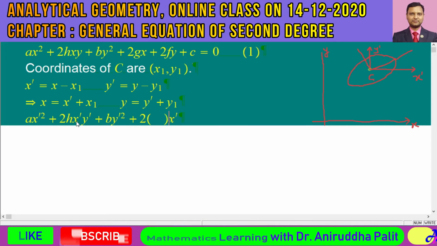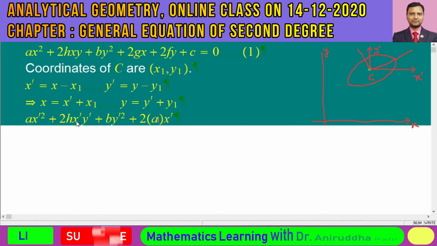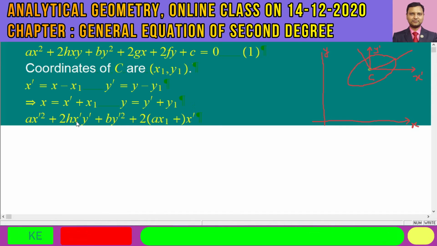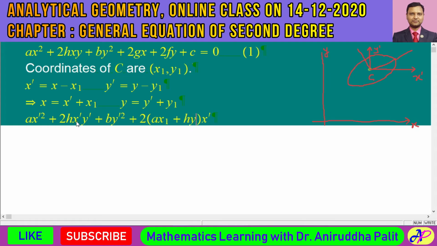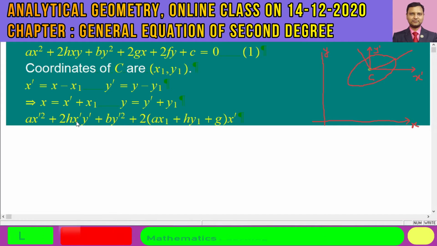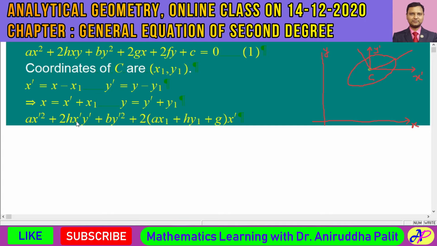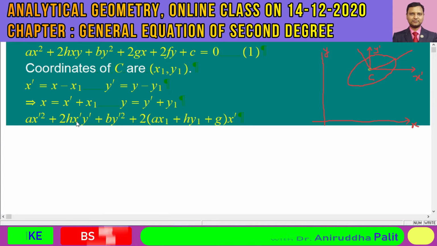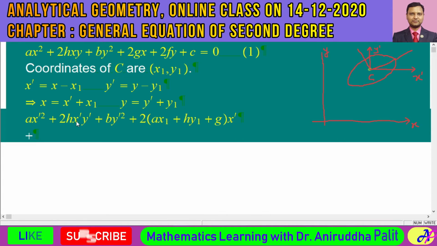The coefficient of x prime would be a x1 plus h y1 plus g. You can check all these computations; I have demonstrated them in the chapter on the pair of straight lines.